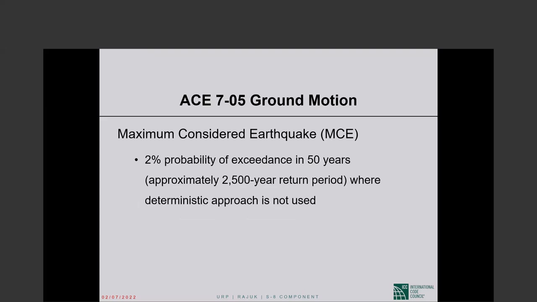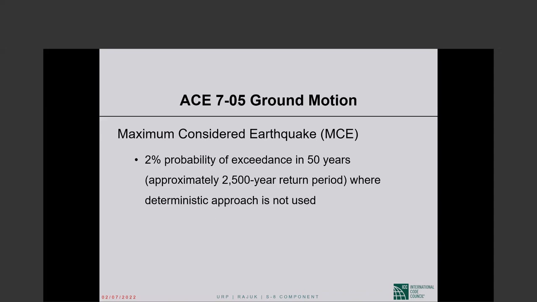Now, in the rest of the country, where seismologists are nowhere near as confident that they know the seismic sources or their capabilities, some of the best of them together decided that the event that comes the closest to the deterministic earthquake of the western United States is a 2,500-year return period event.